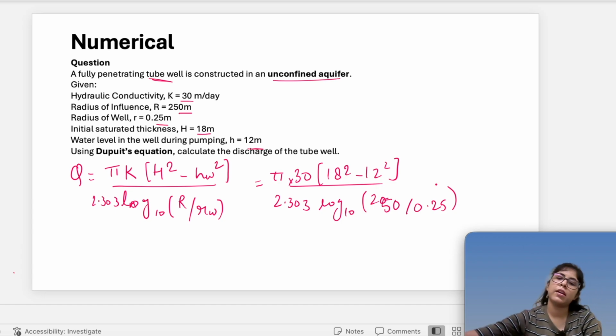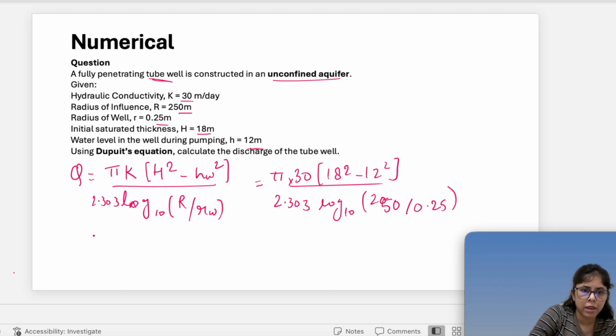So can I calculate it? Yeah. So the discharge comes to be 2454.1 meter cube per day.